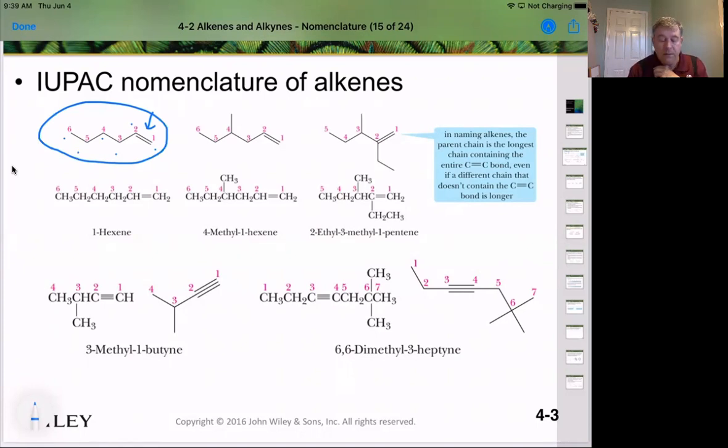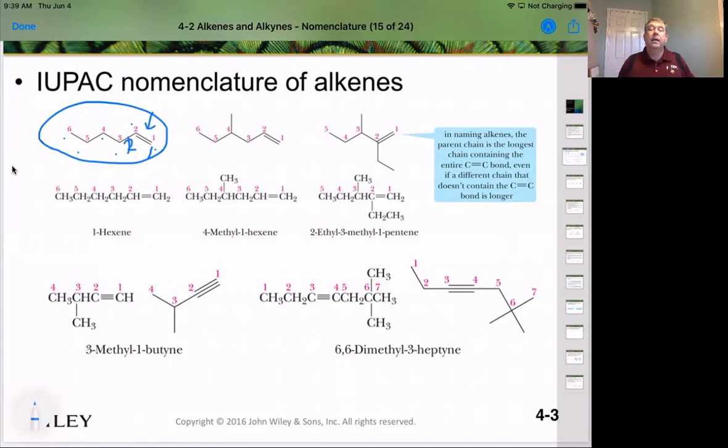So when we look at this, we have to number it such that the first and second carbons of the double bond are at the lowest number. This is easy to do in the alkenes at the end of the chain because we can start at 1 and 2 where the two carbons of the double bond are.